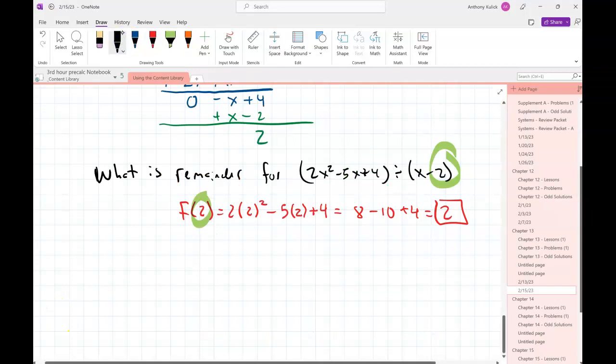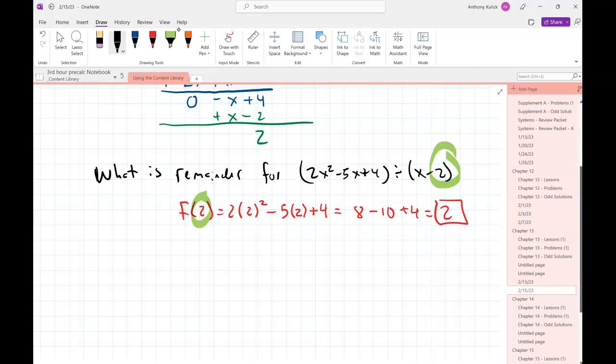All right. So we've seen this remainder theorem go back and forth, right? Where we can use substitution to find a remainder, or we can use a remainder to get a substitution value. What remainder, if we think about this in terms of factoring, is going to be the most important remainder?